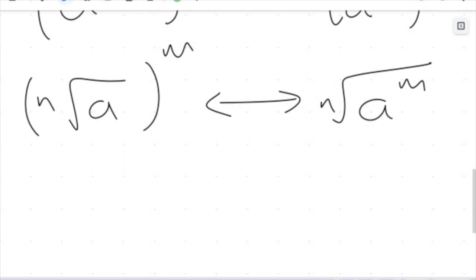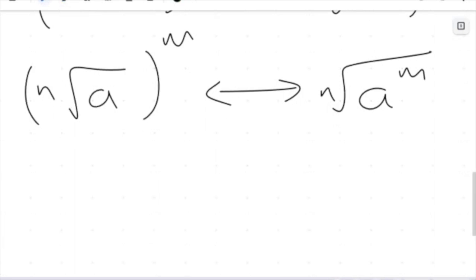So what we've essentially established is a new index law, which is that when I have a to the power of m over n, now these m's and n's are just algebraic terms. They just mean any number. This will work for any number.